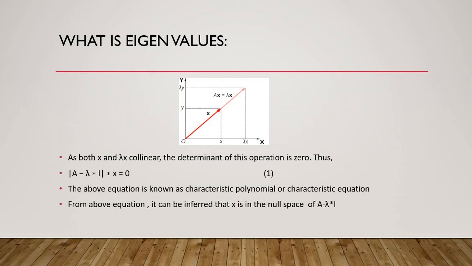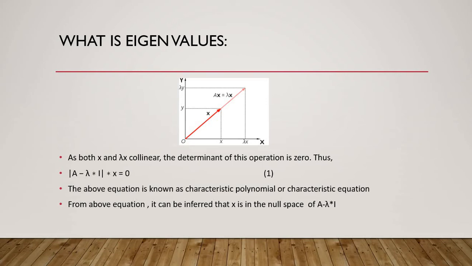Suppose we have a vector x and we multiply it with some real value lambda, then x and lambda x are collinear. The determinant of this operation is 0.